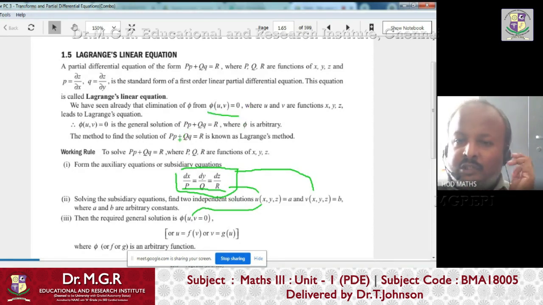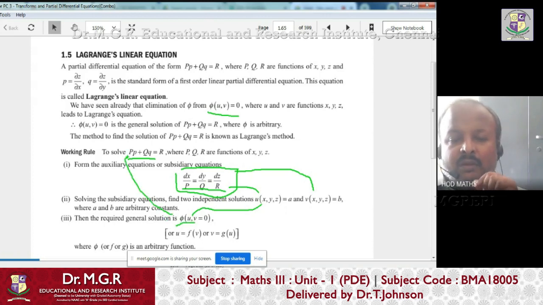The general solution must have an arbitrary function phi with two arguments u and v. When you solve the simultaneous equations you get u and v, then directly substitute u and v here, and this will be the solution of the given PDE.